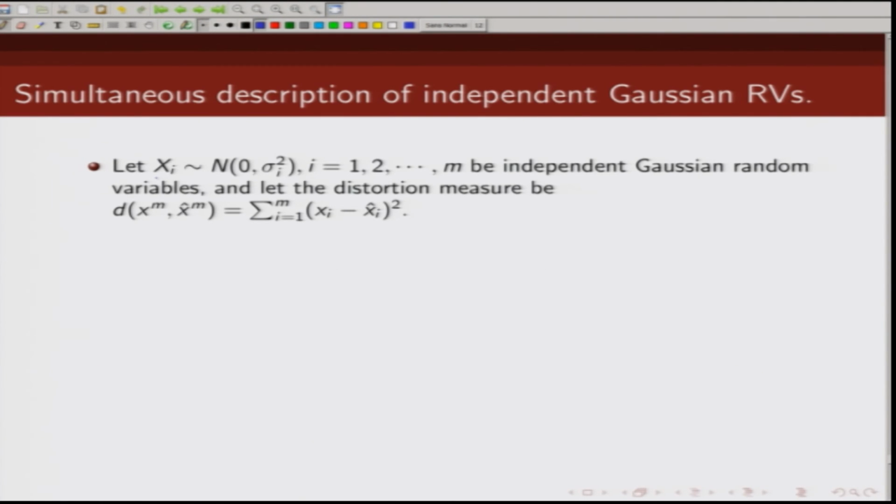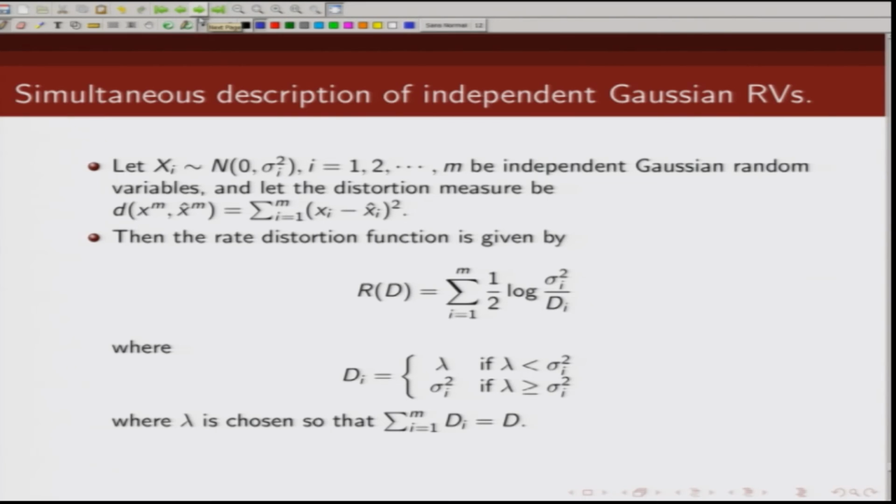In fact, if xi is Gaussian distributed with 0 mean and variance sigma i square, and if we consider m such independent sources given a squared error distortion measure, the rate distortion function is given by this expression, where di is equal to some constant lambda as long as lambda is less than sigma i square.